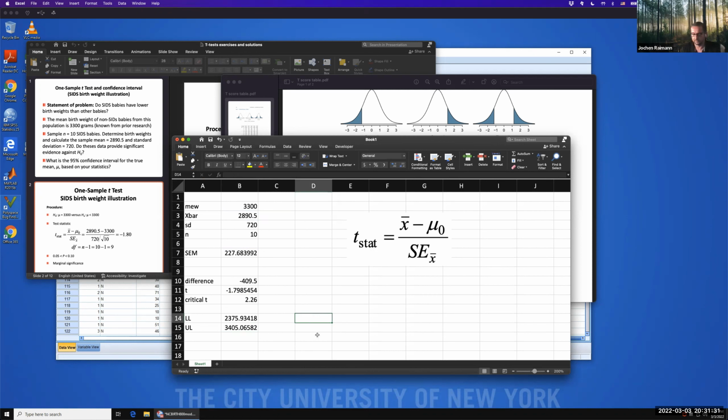So you know now that your sample mean with its 95% CI is, and this is how you would express this in a publication, 2890.5 with a 95% CI from 2376 to 3405.